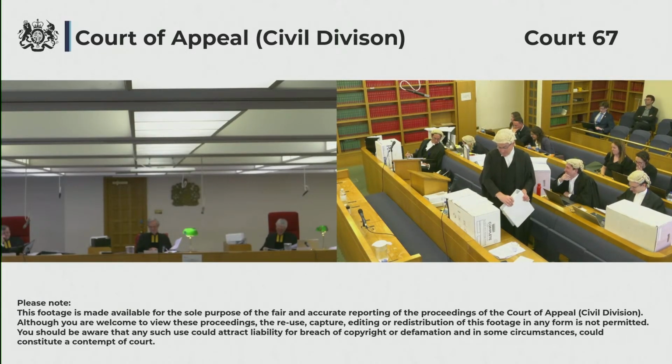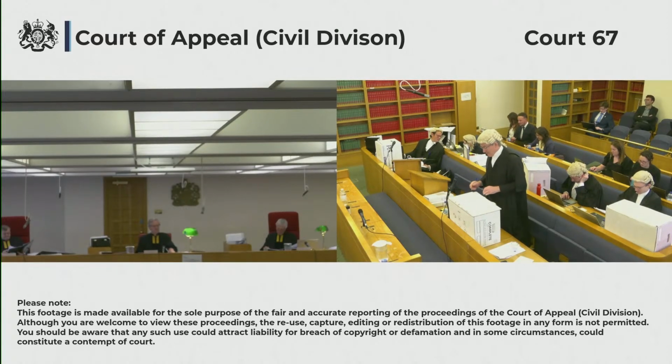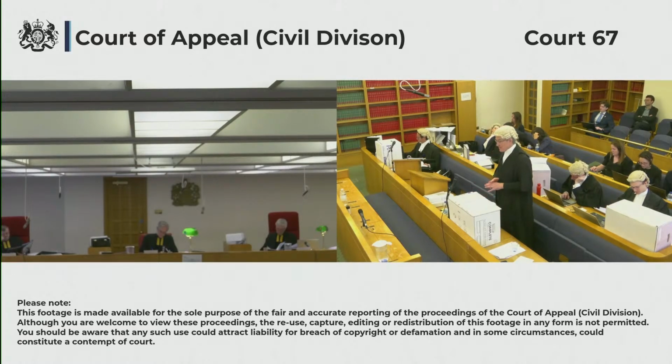So, the question for my lords is whether the judge's exercise of discretion was clearly wrong, whether she exceeded the generous ambit, and in my submission, they don't come close to that. On the contrary, the claimants' position is quite unreal.